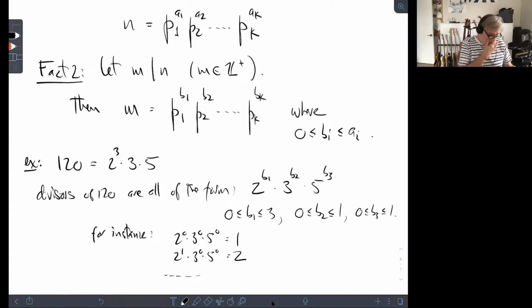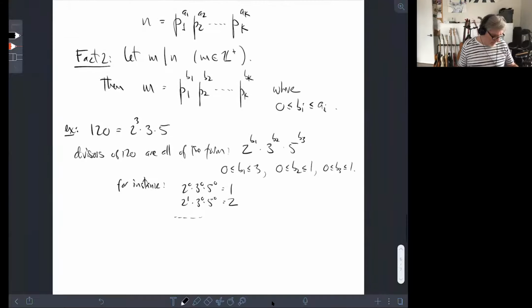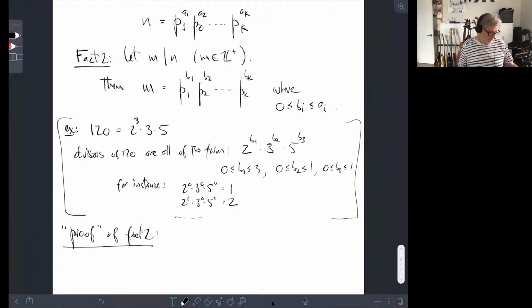Okay, let me just briefly explain. This is my example to illustrate this. It's not a proof, obviously, and I don't want to spend too much time on this, but here is the proof of fact 2.